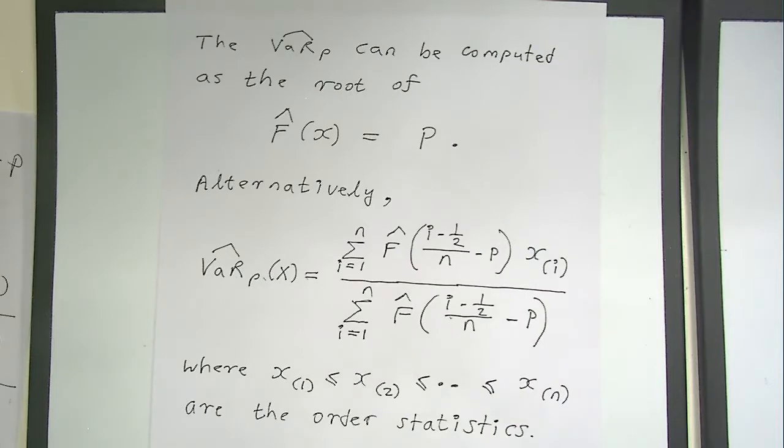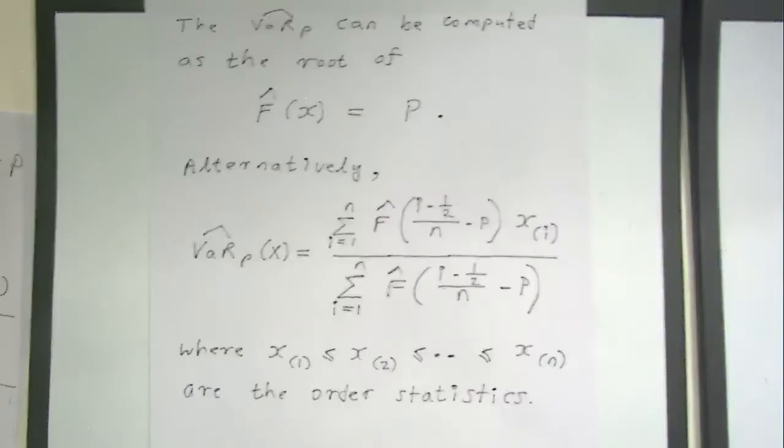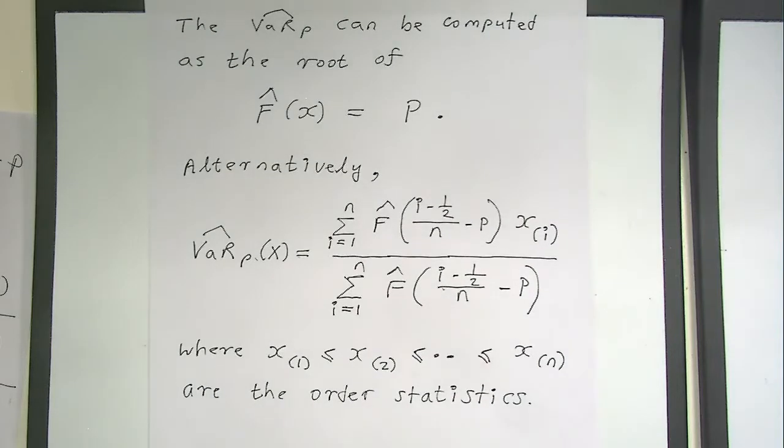All right, so there are two formulas. Under the kernel method, you can use two different ways to compute VaR. One is to find the root of the equation F(x) equal to p, and that root will be the VaR estimate.